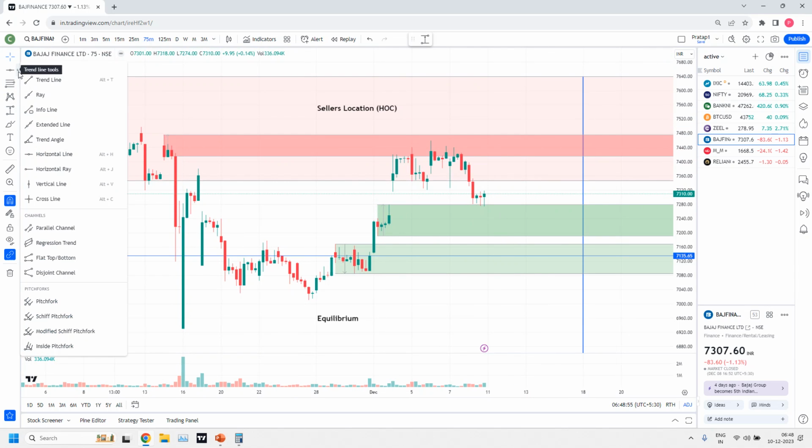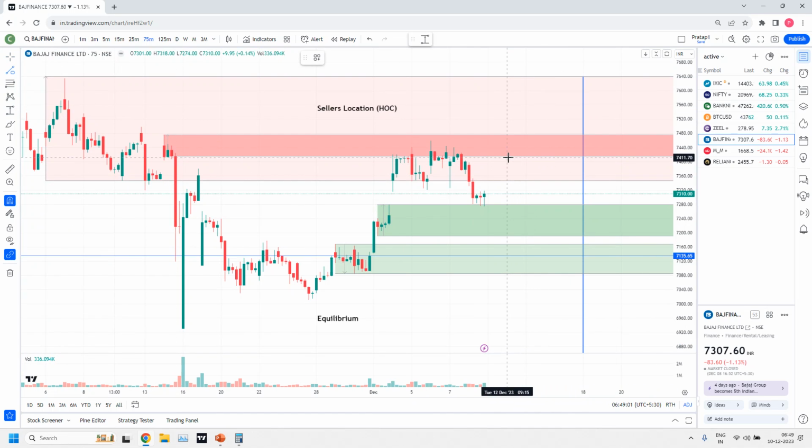So let us identify our target and risk with the help of the info line. So 135 rupees is our target, that is, expected profit is 135 rupees. So what is the expected risk? Let us draw.